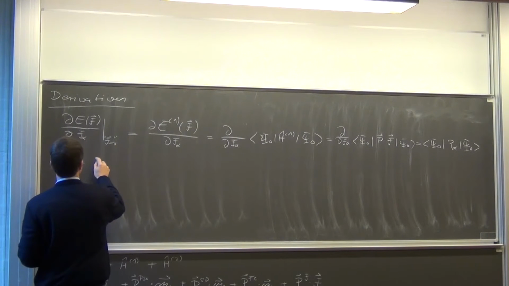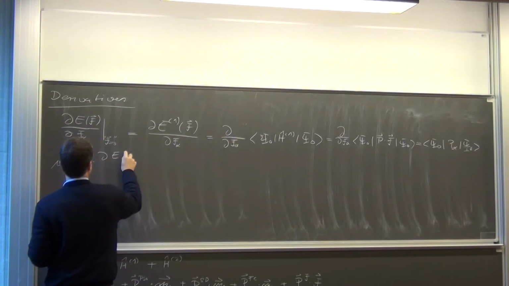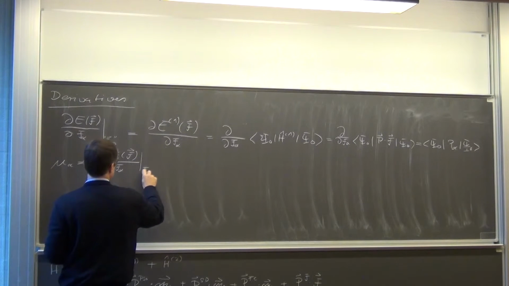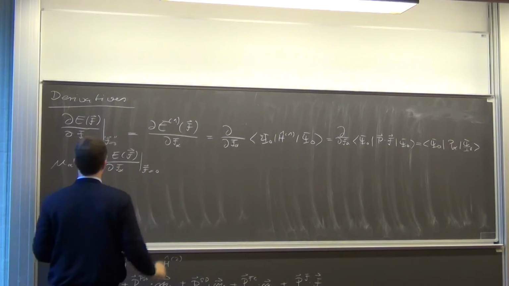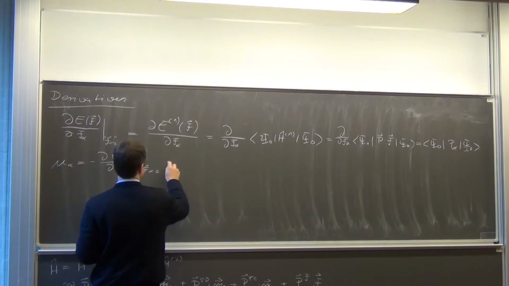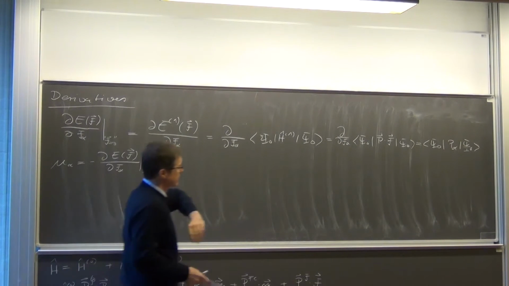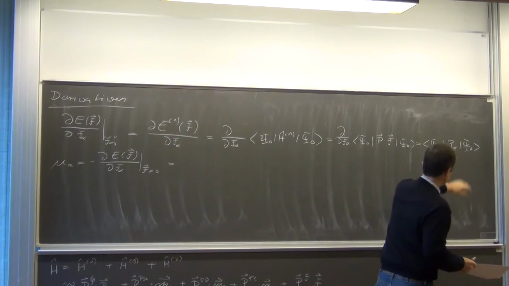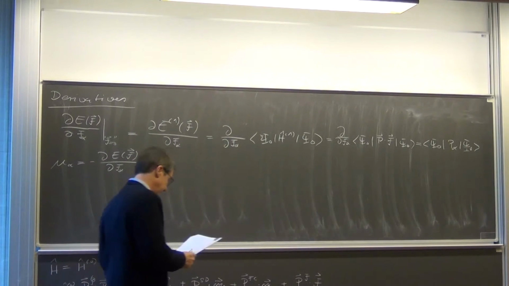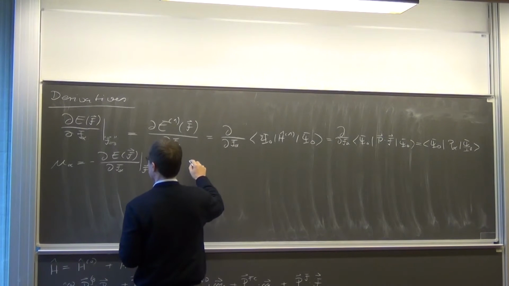We defined it as minus the derivative of the energy in the presence of a field with respect to the alpha component of the field, and then, as I said, we evaluate at 0. That derivative is basically what we calculated here, and that operator, I said, is the dipole moment operator.